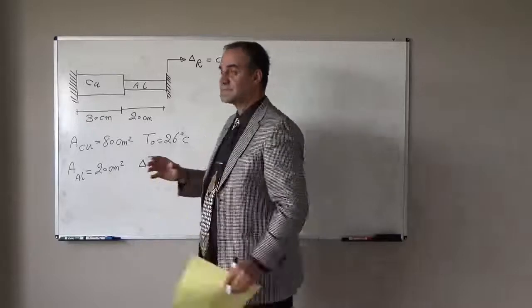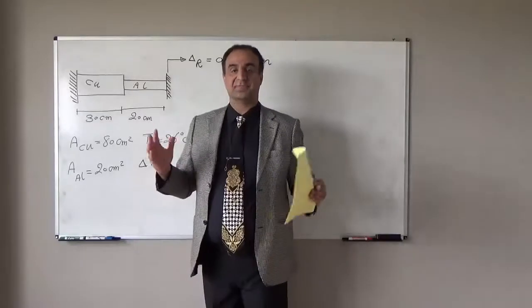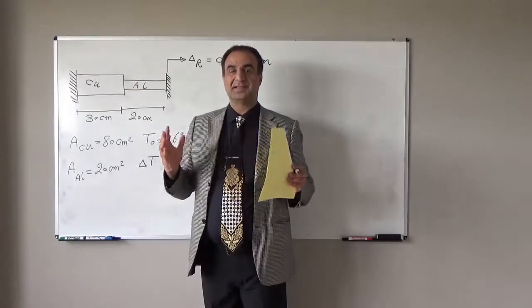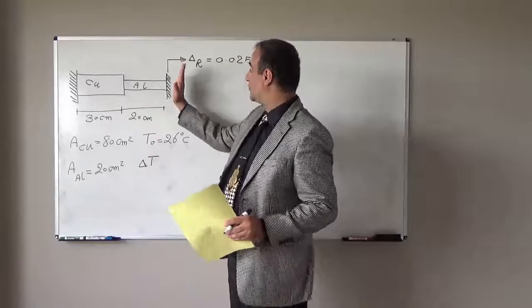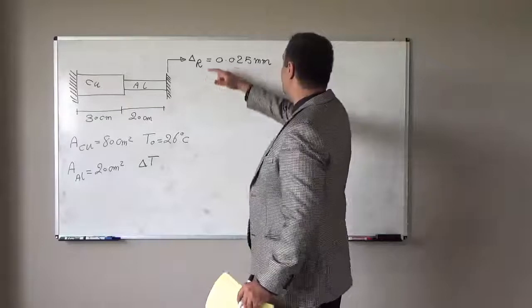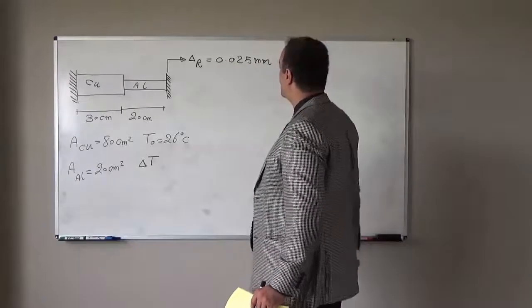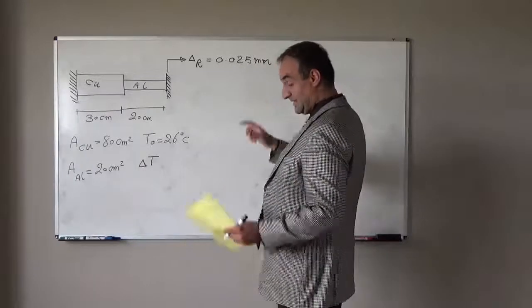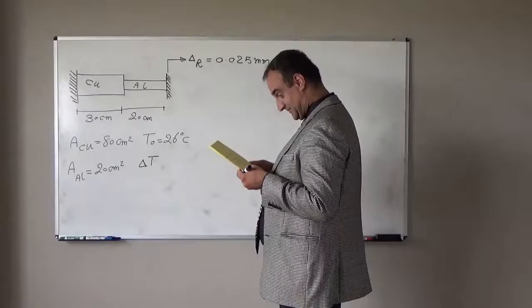So once we decrease the temperature, we will have contraction. The length will decrease. This support will move in the direction of contraction. How much will it move? 0.025 millimeter.